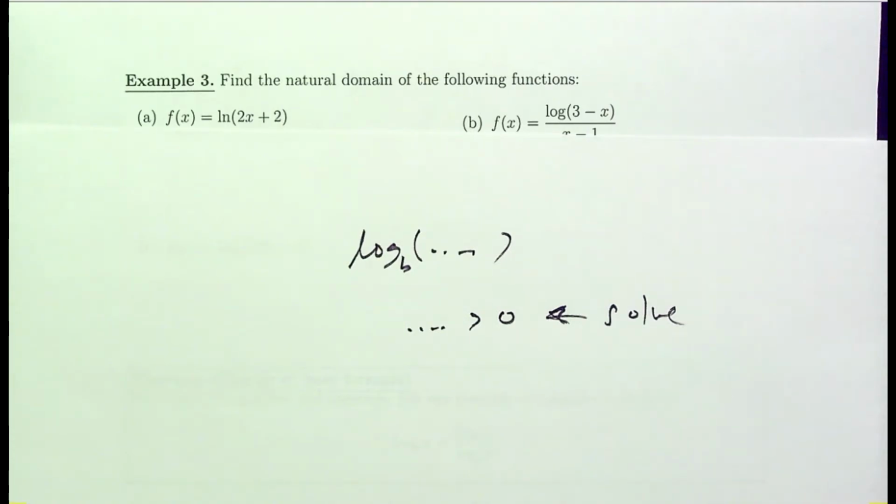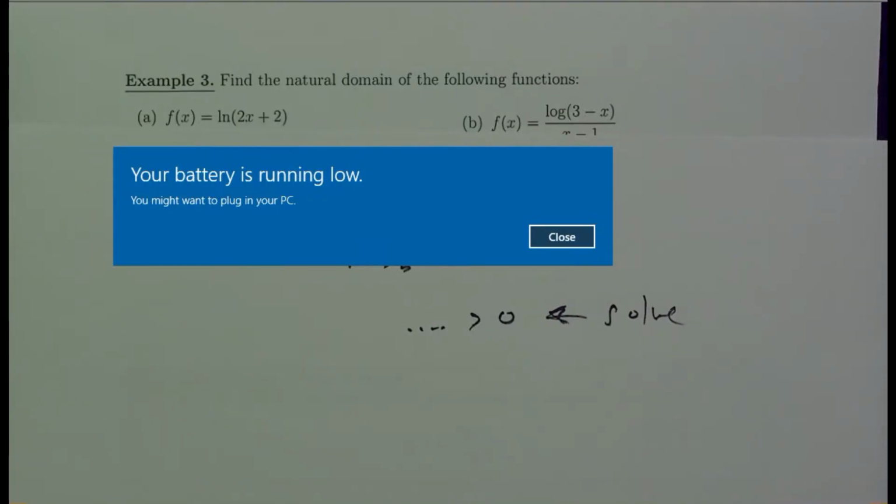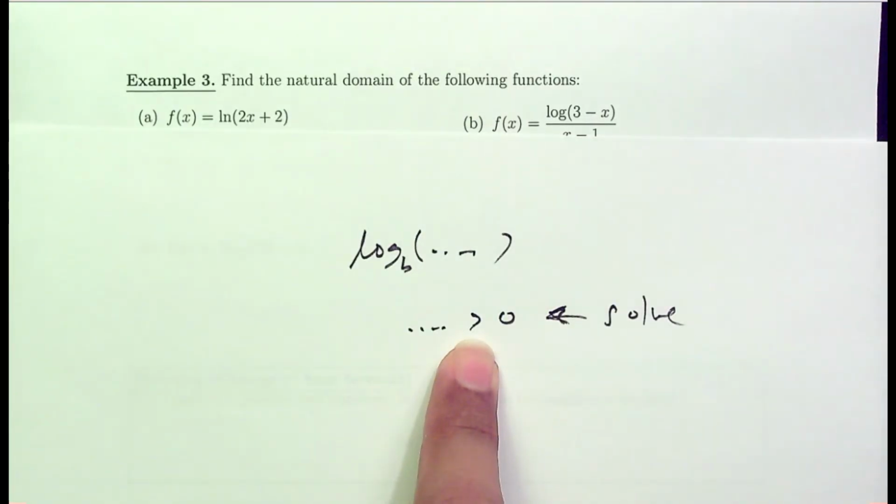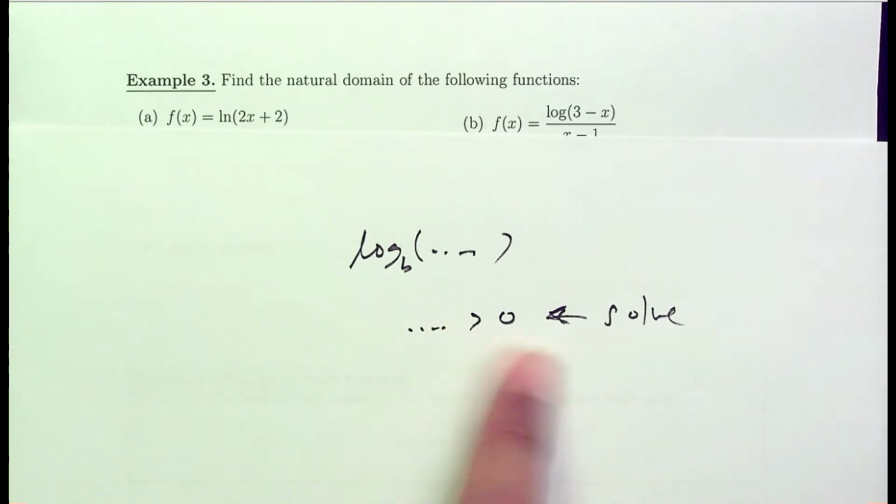So you set it bigger than or equal to 0, and you solve that. And then the third bullet point is if you have logarithms, then things inside the logarithm need to be positive. So you make it bigger than 0, and you solve that.